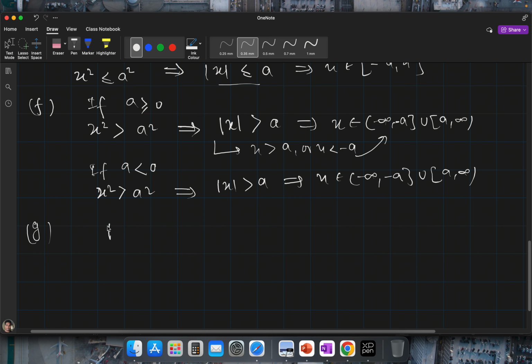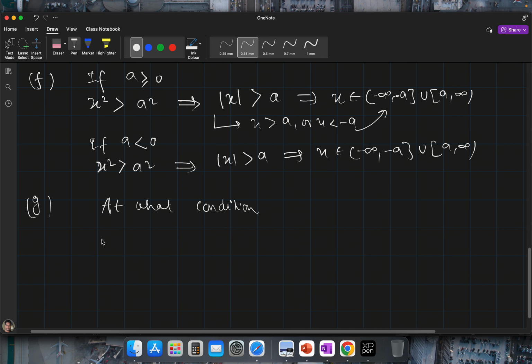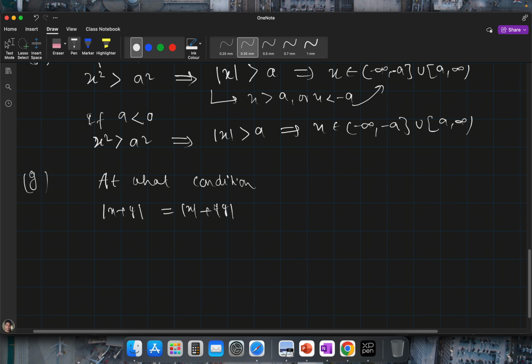Now tell me, at what condition will mod of x plus y be exactly equal to mod of x plus mod of y? In which situation can I write this? What will be the situation?